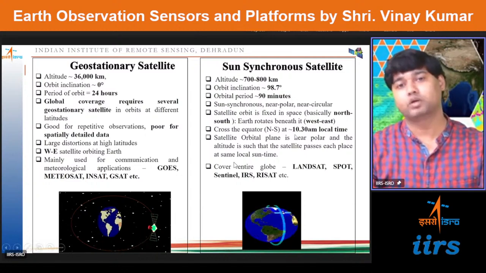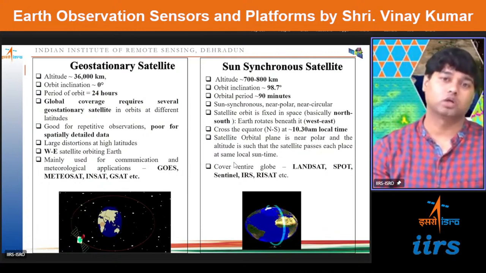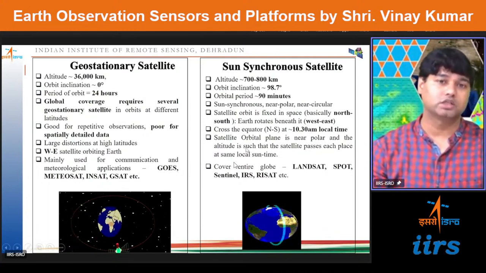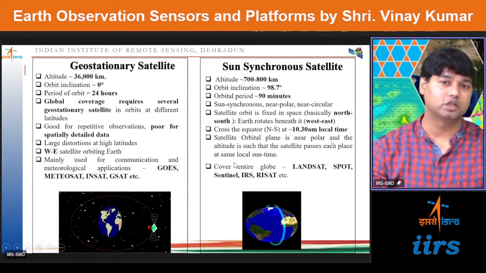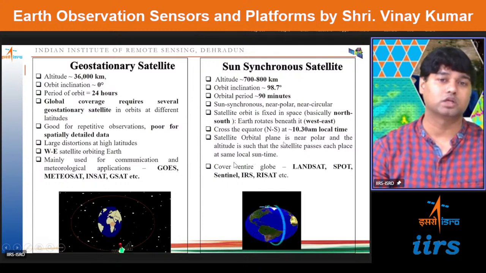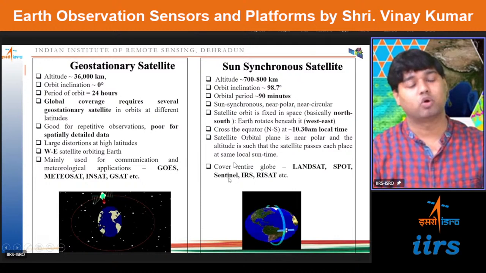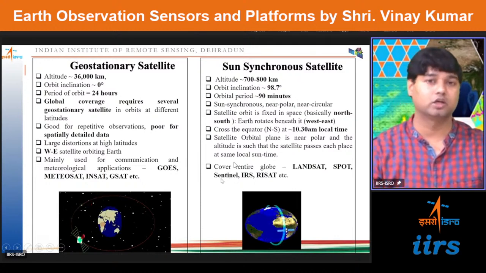In this example, 10:30 a.m. is written. So during morning time, it crosses the equator. So that's why it is written that the satellite orbital plane is near polar and the altitude is such that the satellite passes each place at the same local sun time. Examples of these satellites are Landsat, Spot, Sentinel, and Indian Remote Sensing satellites.